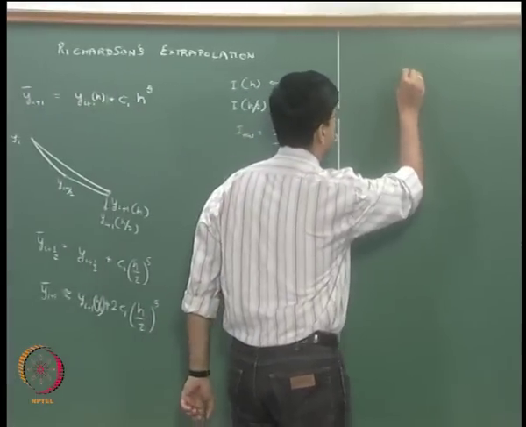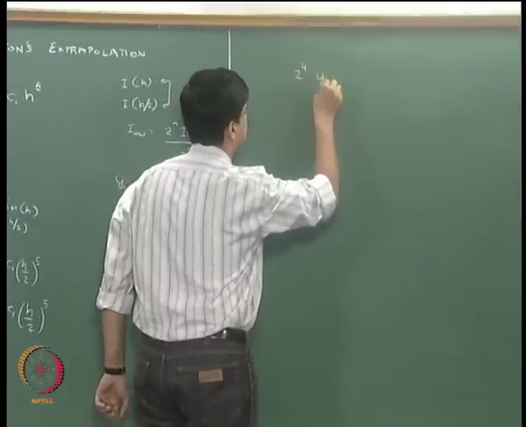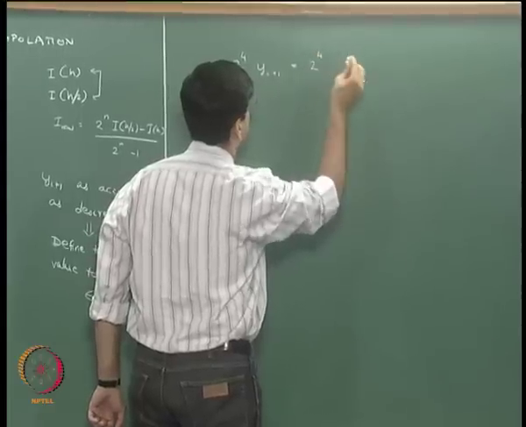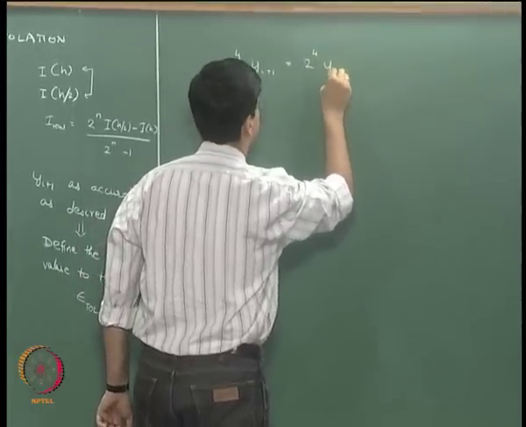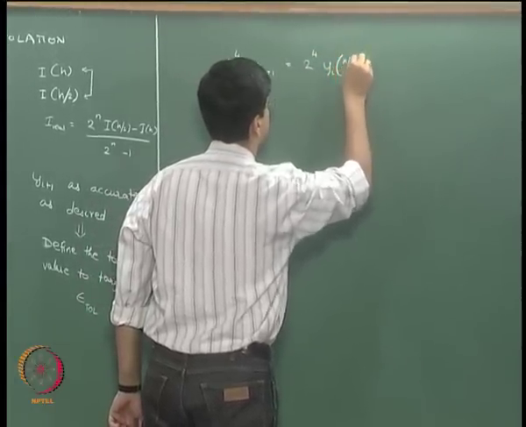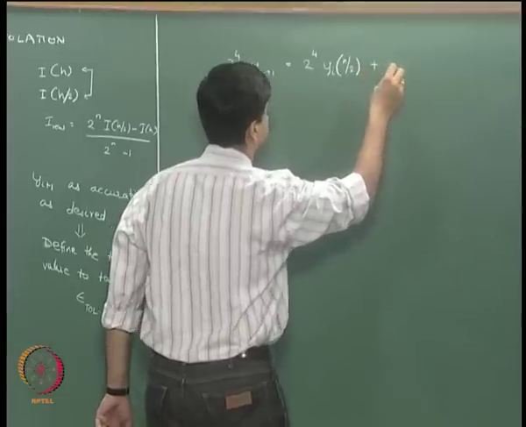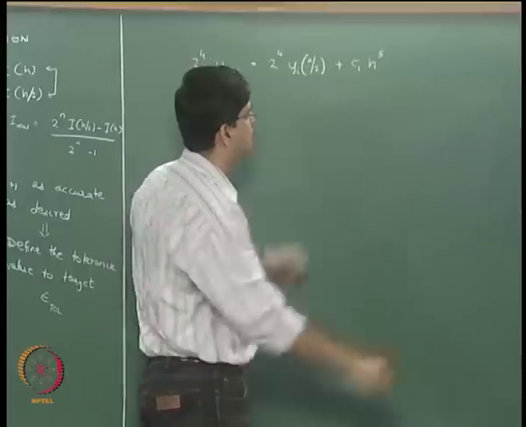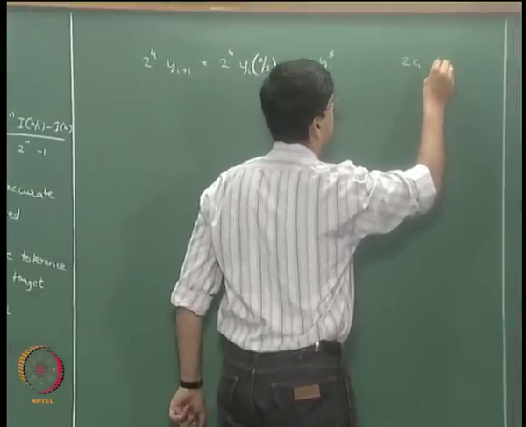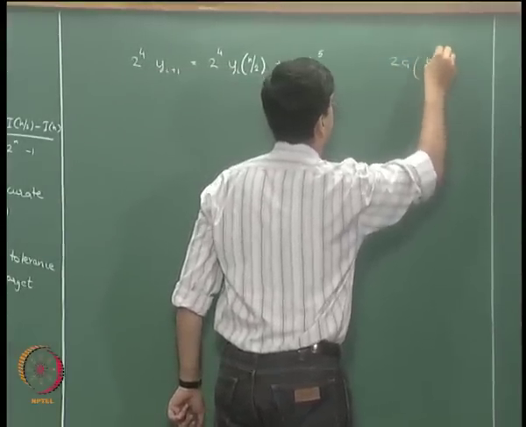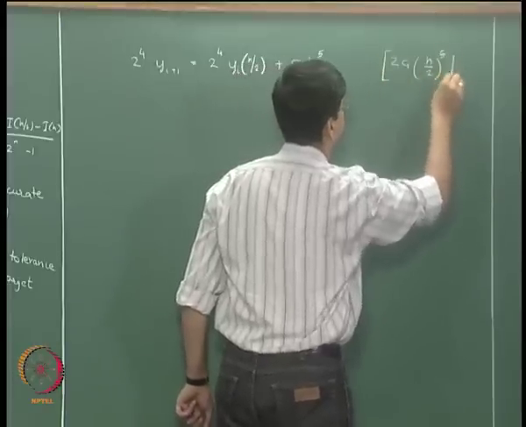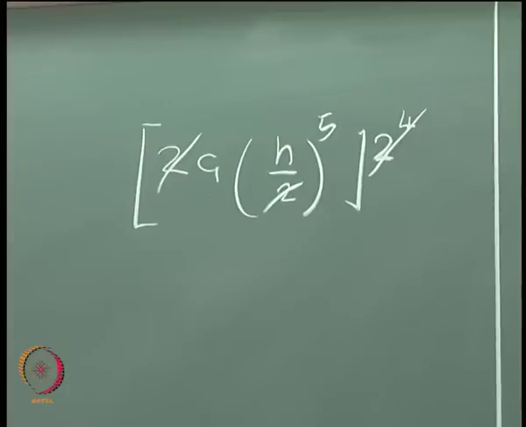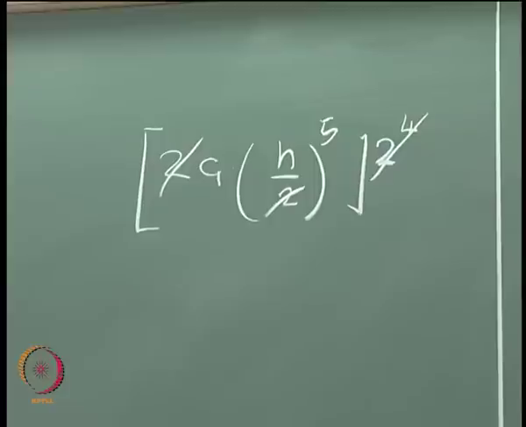So we will get 2 to the power 4 yi plus 1 equal to 2 to the power 4 multiplied by yi computed with h by 2 plus C1 h to the power 5. So we had 2 times C1 (h by 2) to the power 5. When we multiplied this with 2 to the power 4, all this got cancelled away and we were left with C1 h to the power 5.